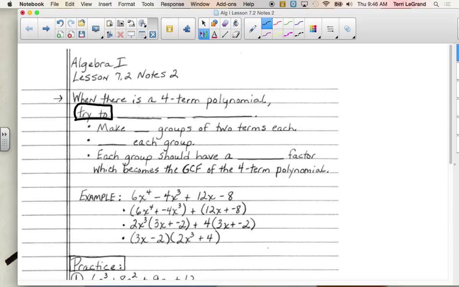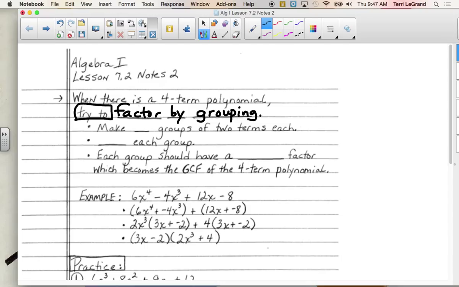What we're going to do if we have a 4-term polynomial is try to factor by grouping. So when they tell you to factor by grouping, you probably have an even number of terms in your polynomial. Any even-numbered polynomial, 4 or larger, you can try the factoring by grouping thing, okay?